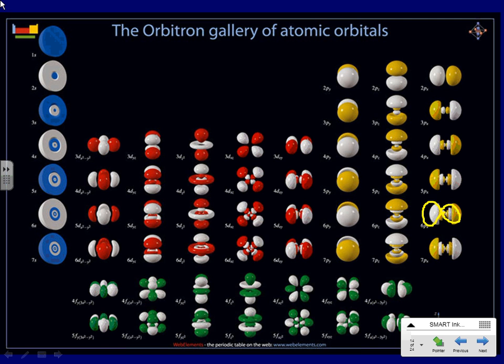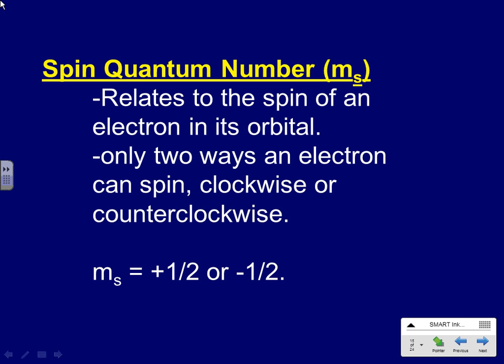Okay, one more quantum number, and the quantum number that we have here last, it's called the spin quantum number. It's called M subscript S because it was also discovered by a magnetic field. It describes the spin of the electrons.